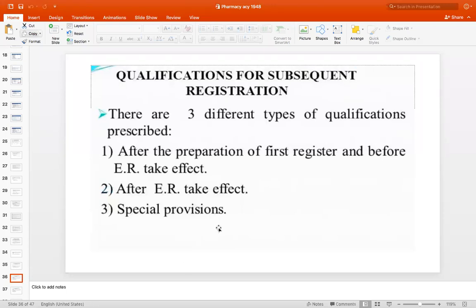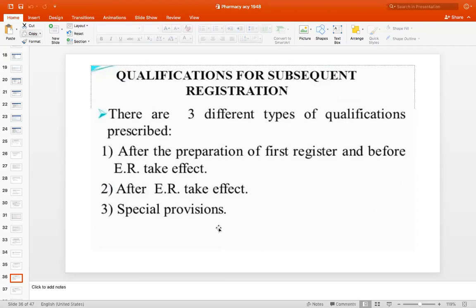Qualification. What was the qualification to register in the first register? He should be a diploma holder, or a degree holder, or have 3 years or 5 years in a hospital or medical shop respectively, or he should pass any examination. These were the qualifications, no?